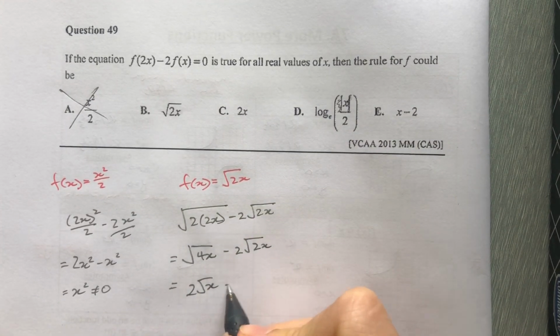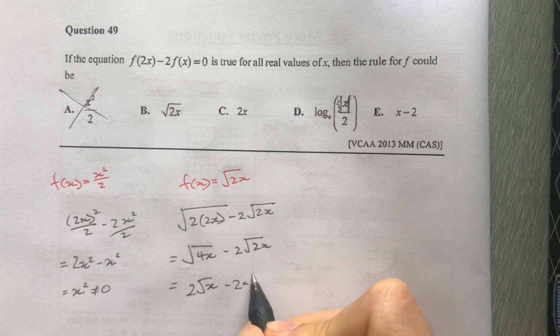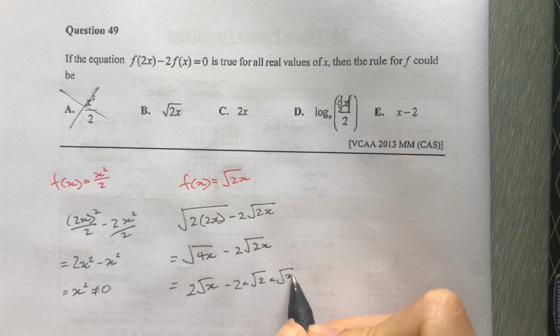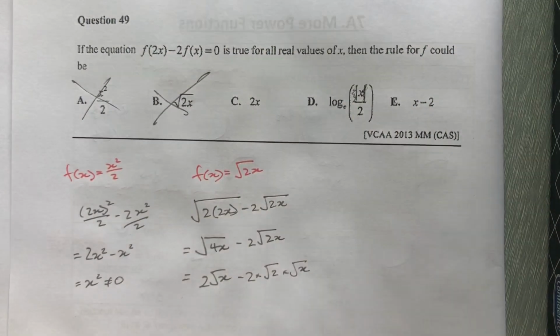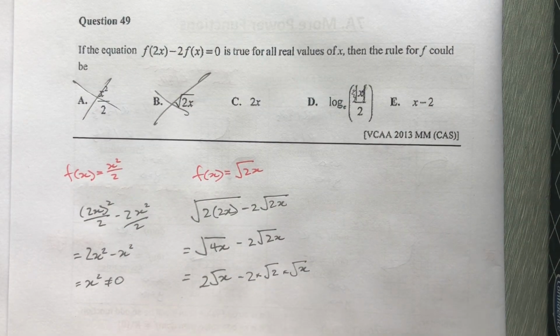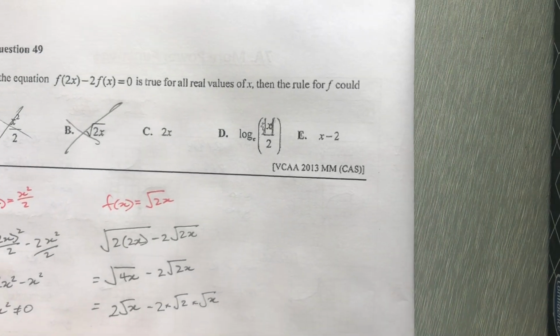And then this bit here would be 2 times, you could say root 2 times root x. These definitely aren't the same thing. That's not going to end up being 0, so it's not B either. So let's move on to C.